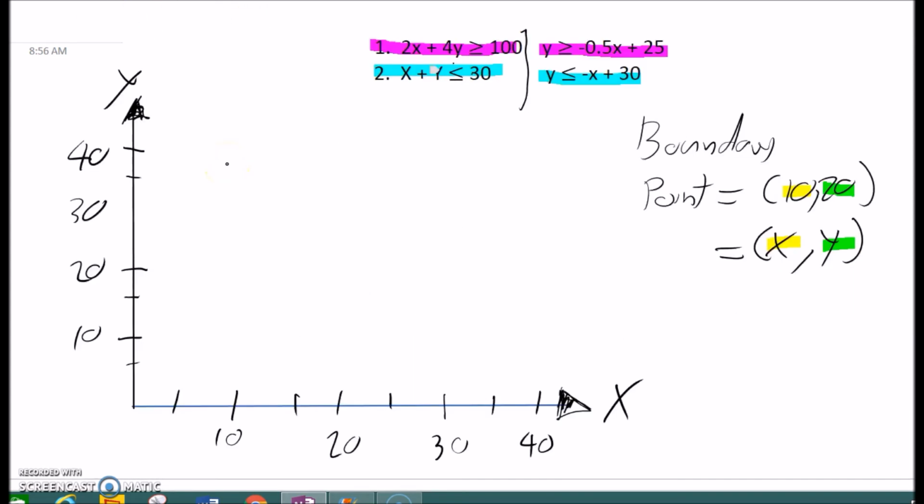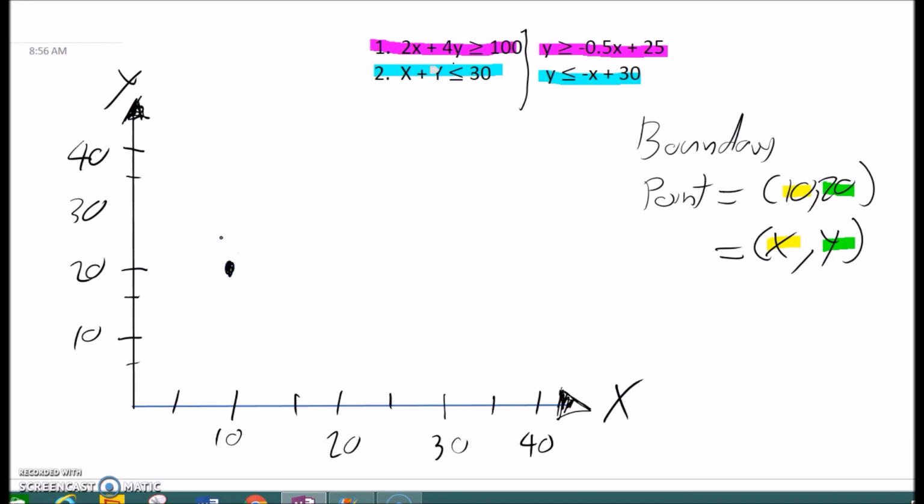So our next step is going to show you how to graph the system of inequalities. So the first thing is we're going to plot the boundary point for both equations, which is 10 for x and 20 for y, which is right here.